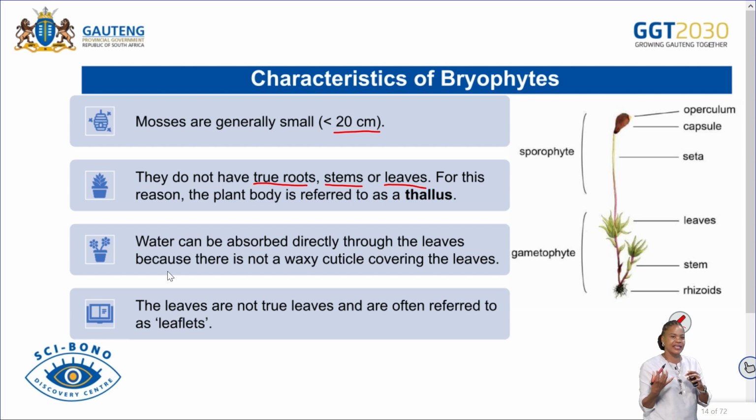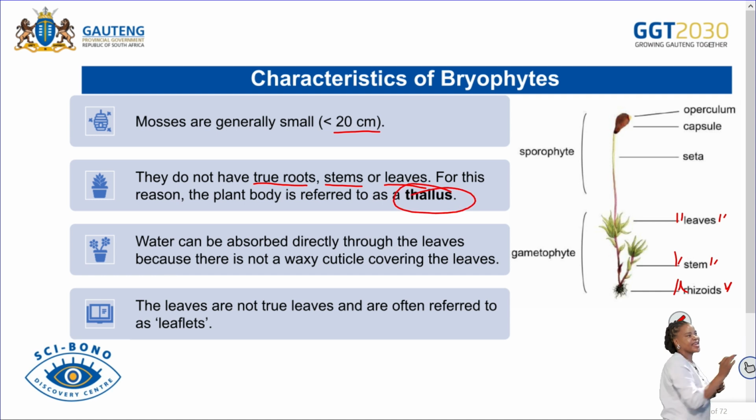This is what I've just explained, that instead of leaves, they've got the false leaves, they've got the false stems, and then instead of roots, they've got what? The rhizoids. So because of that, the plant is referred to as what? As a thallus plant. Thallus plant is a plant that does not have true roots, stems, and leaves. So that's why this is said to be a thallus plant.